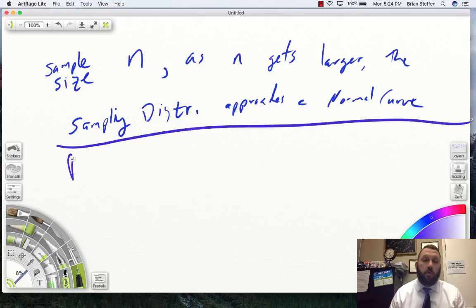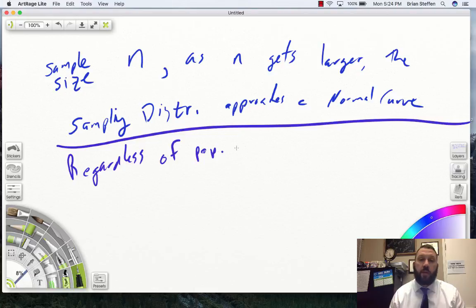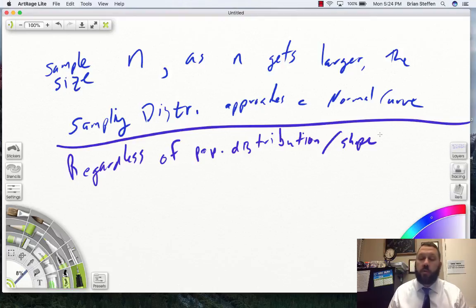Regardless of the population distribution, or shape. So when I say distribution, I'm really talking about regardless of the shape of the parent distribution, whether it's really, really strongly skewed, or it's bimodal, or maybe it's just completely unknown.